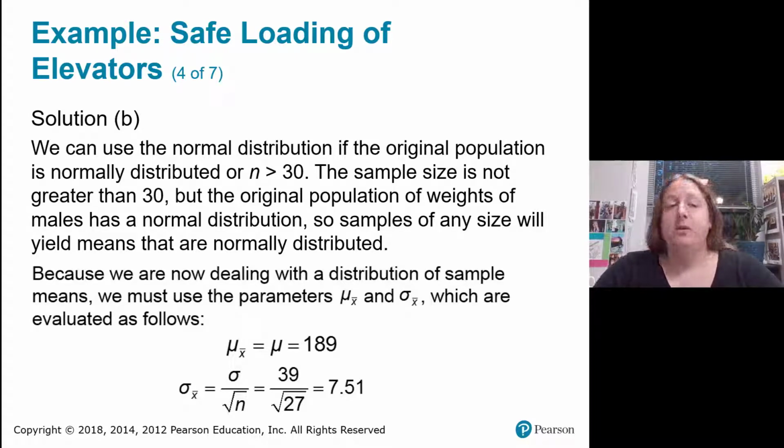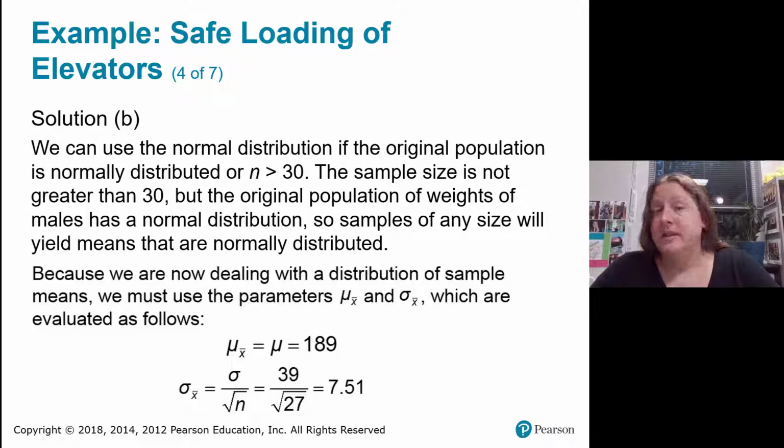For part B, we're asked about the sample of 27 males, the average weight of them being less than 148 pounds. Again, 27 is less than 30, so that's trouble.